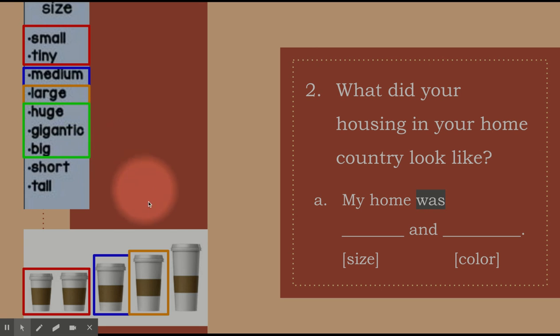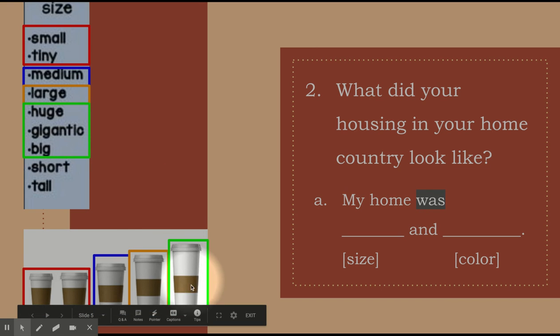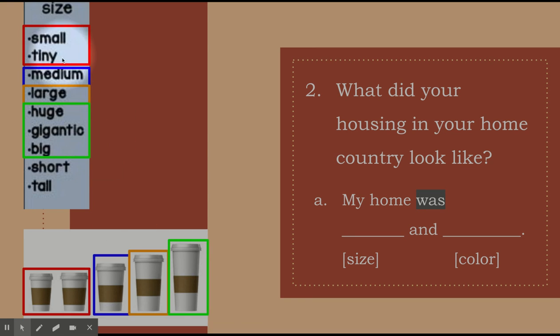All of these words mean very, very large, right? This is extra large. So these are words that you can use to describe your home. You can also say, hey, a person can be short or a person can be tall. So these are extra adjectives that you can use.